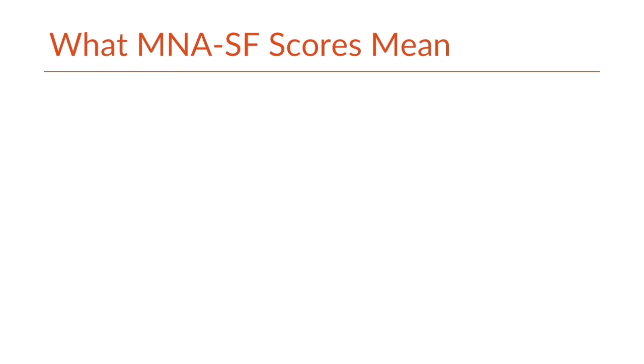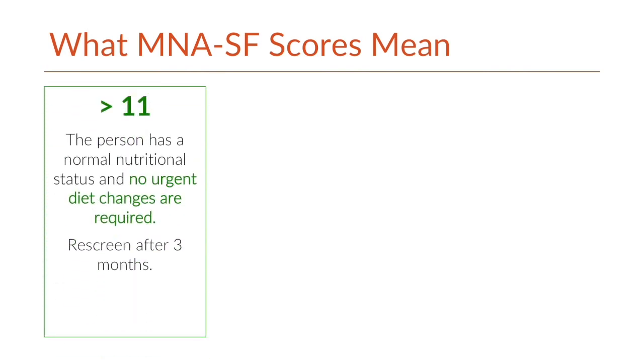Once you've completed the assessment for a resident, it is important to know what the different MNASF scores mean. Scores above 11 indicate the person has normal nutrition status and no urgent diet changes are required. However, it's important to rescreen residents every 3 months to make sure that any changes in nutrition status are recognised early.